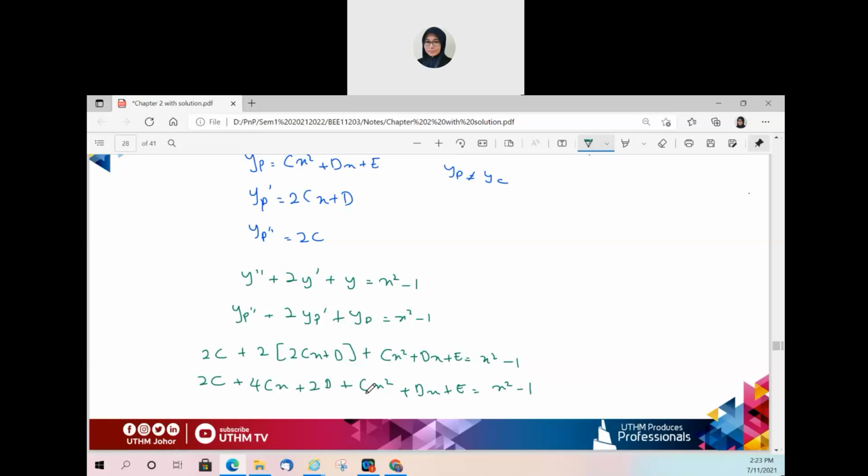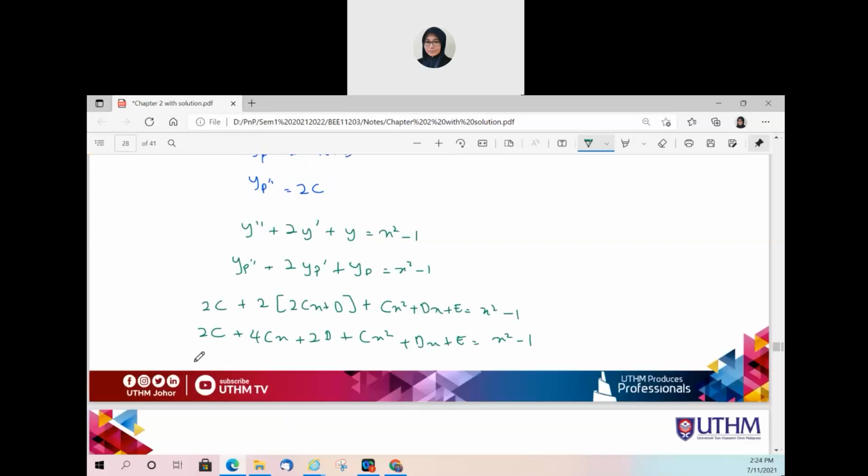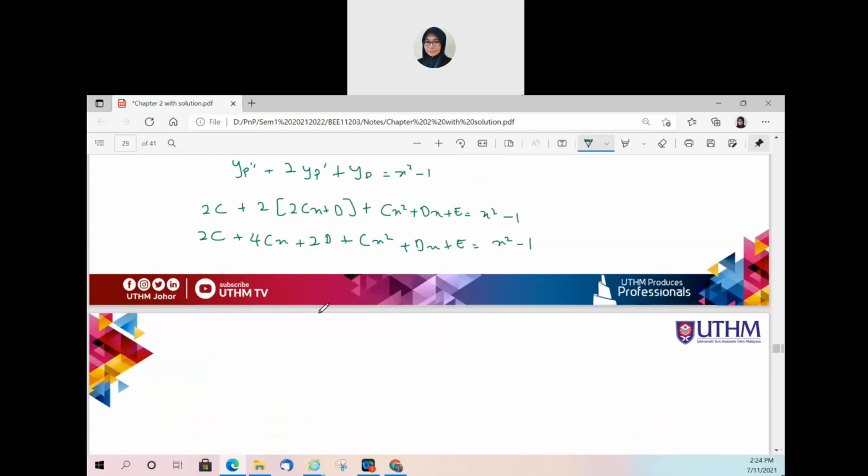Okay, now we group based on x. We start with x square. So x square, we have cx square, plus 4cx plus dx, and then plus 2c plus 2d plus e equals to x square minus 1.